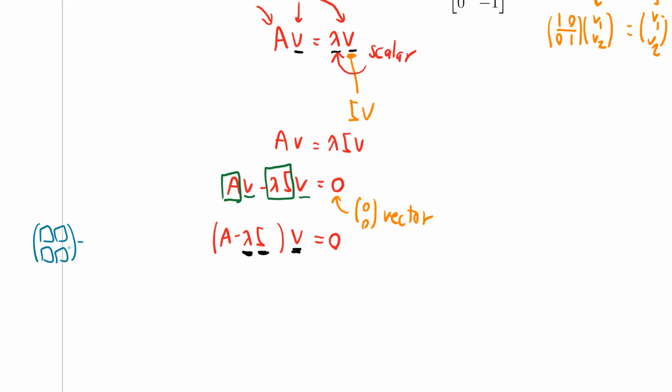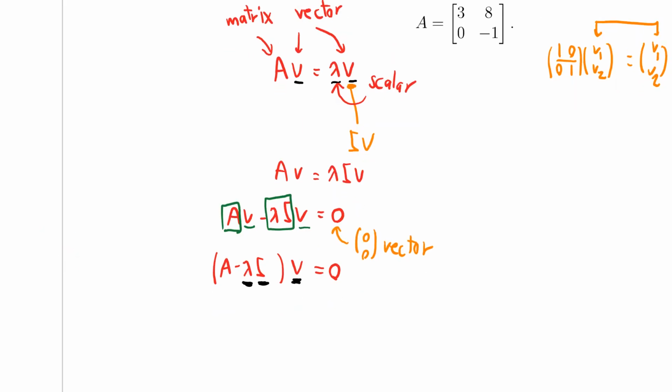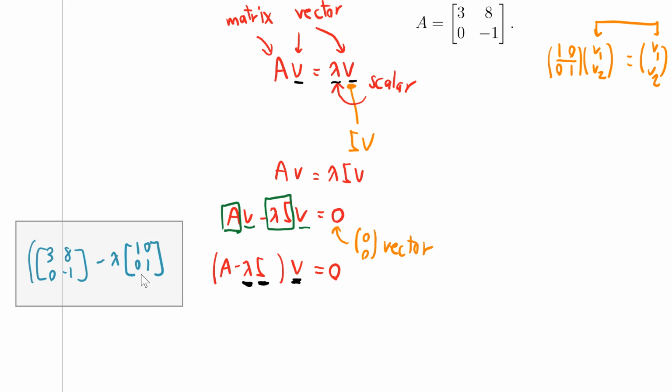If I were to write the numbers down, it would look like this: [[3, 8], [0, -1]], that's my A from here, minus lambda times [[1, 0], [0, 1]], times V.